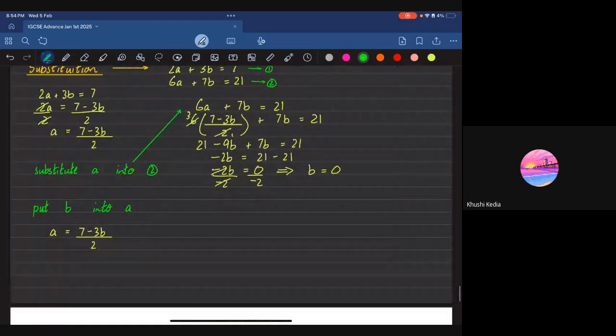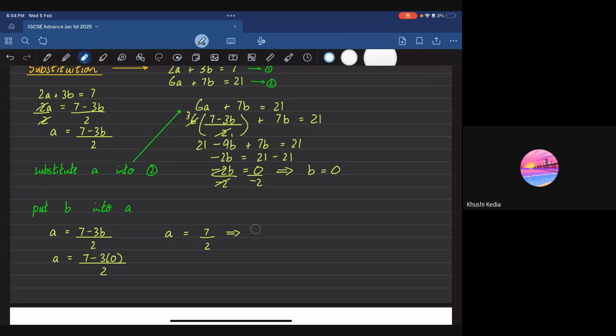And now I already know the value of b as well. B is equal to 0. So a is equal to 7 minus 3 times 0 over 2. A is further going to be equal to 7 over 2 because 3 times 0 is 0. 7 over 2 can also be written down as a is equal to 3.5.